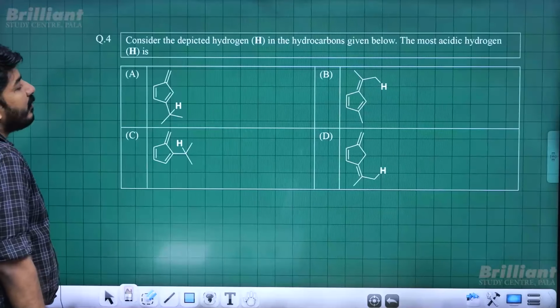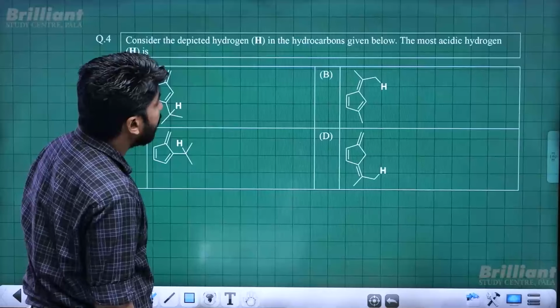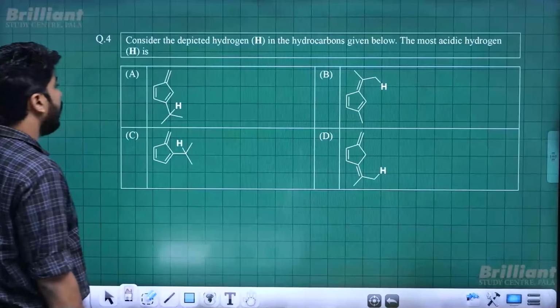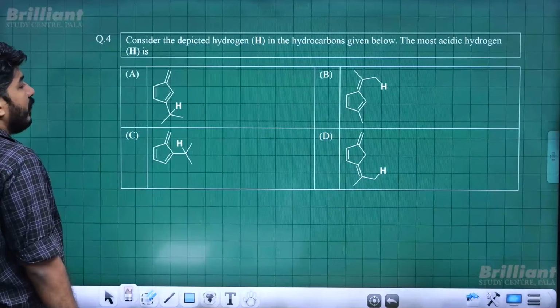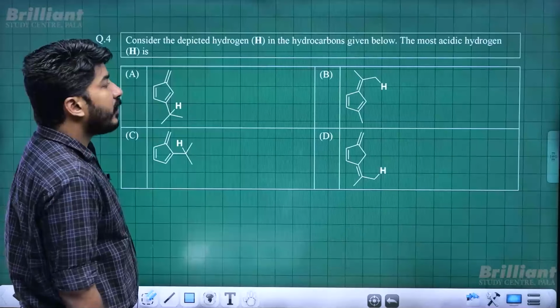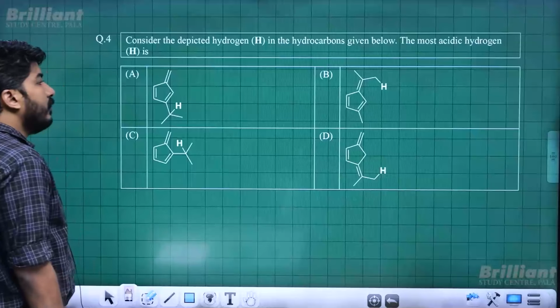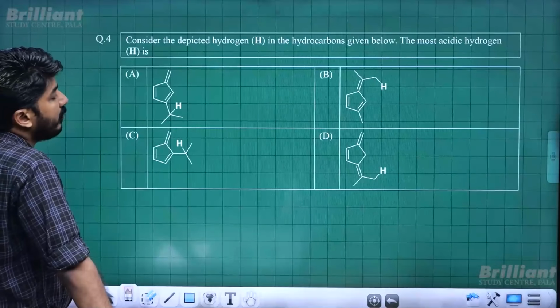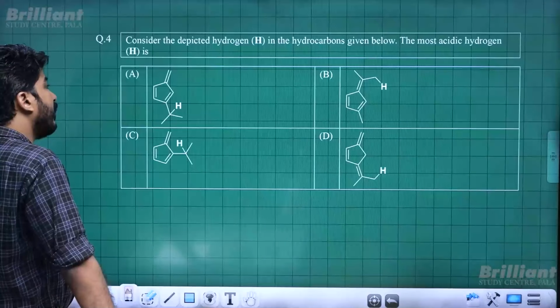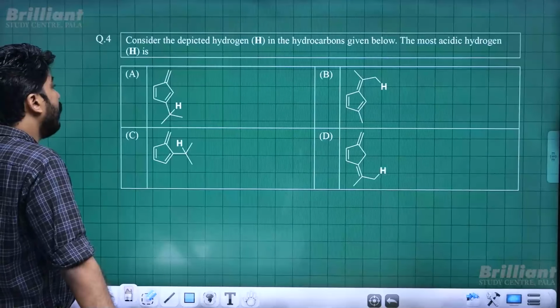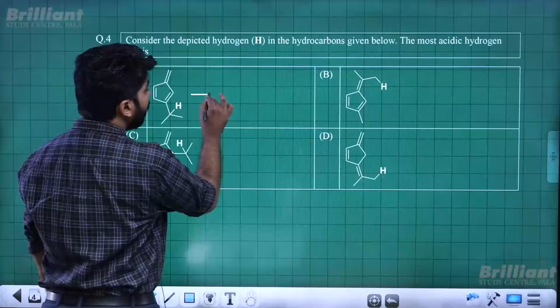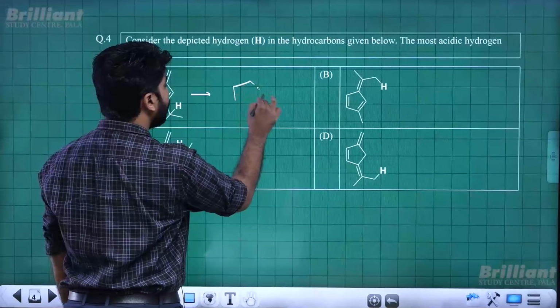Consider the depicted hydrogen in the hydrocarbons given below. The most acidic hydrogen is. Acidity of hydrocarbons or organic compounds in general, if we compare it, we will go by comparison of stability of conjugate bases, which are anions. We will generate the anion from all of these and compare their stability.